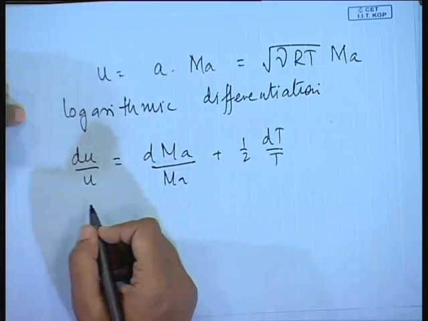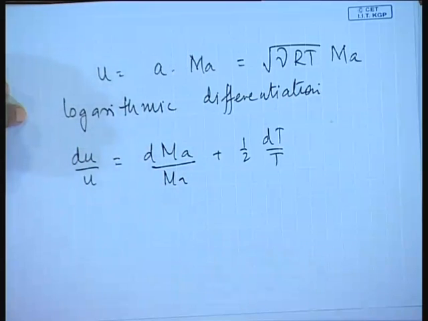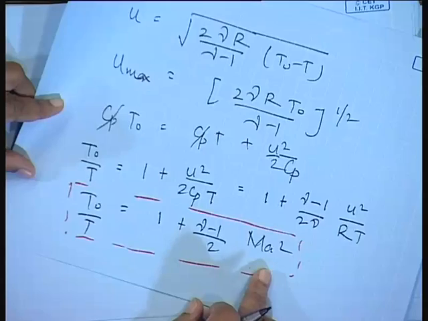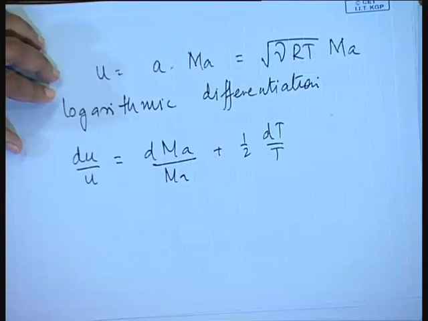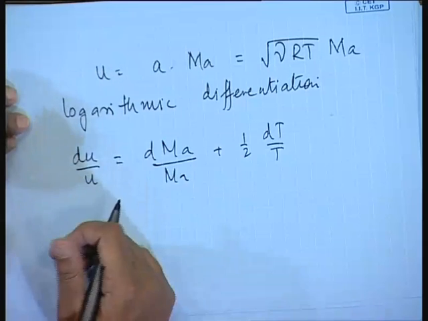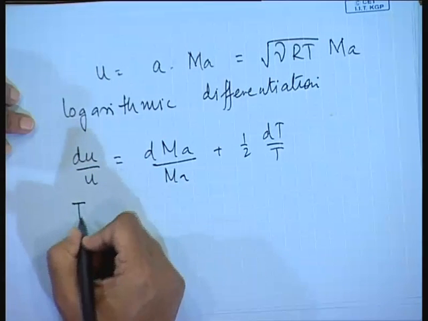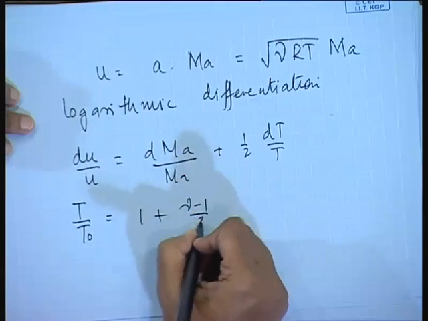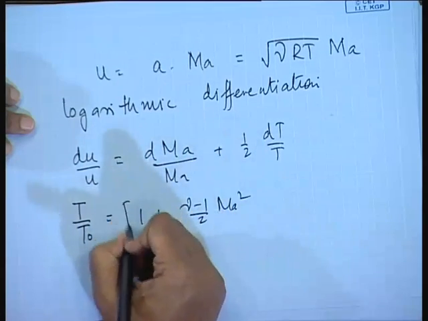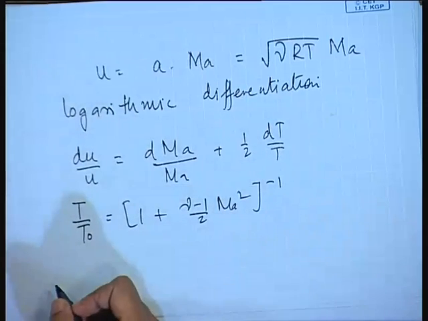And from the previous expression where we had obtained T0 by T, from this particular expression also we can perform the logarithmic differentiation. So, we get two expressions of dT by T and we can equate them. That particular expression is 1 plus gamma minus 1 by 2 Ma square whole to the power minus 1, isn't it?